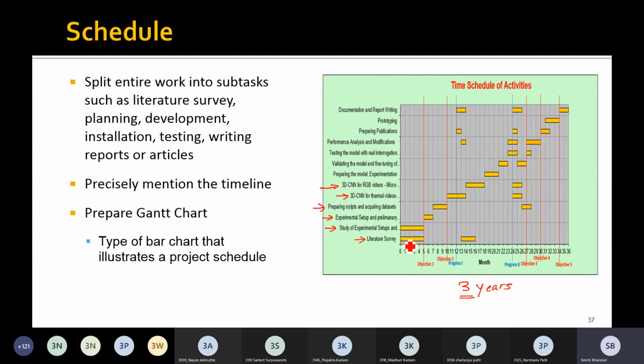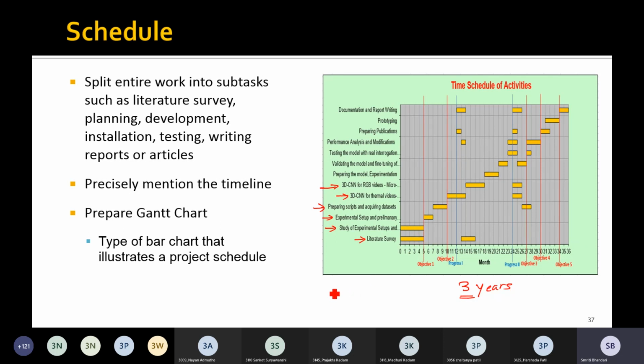Now see how the timeline is defined. As this is a 3-year research project, the literature review takes a lot of time because it is a really important task for coming up with the problem statement and all. So the literature review is considered for the first 5 months.